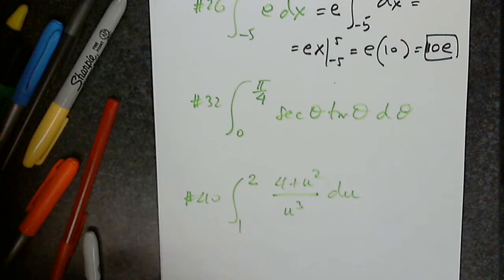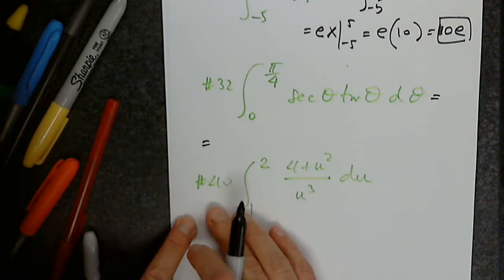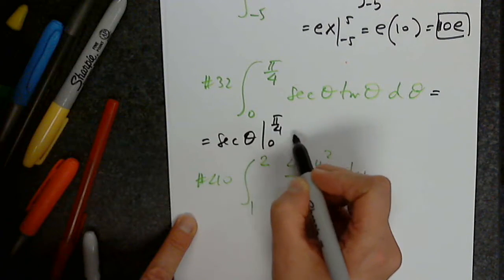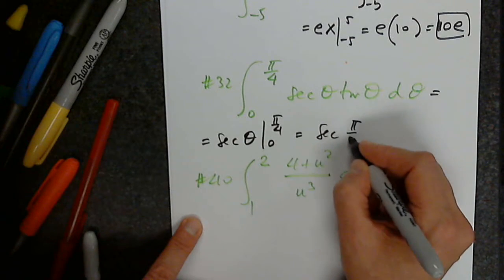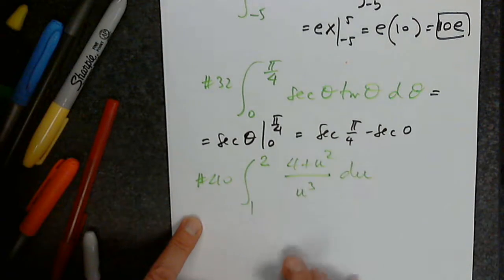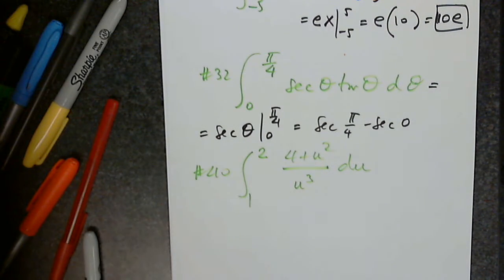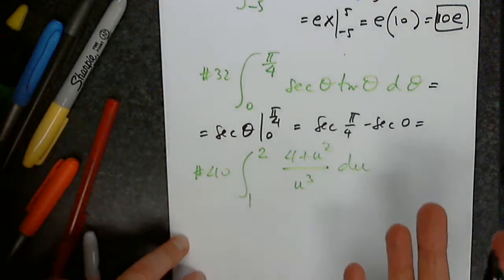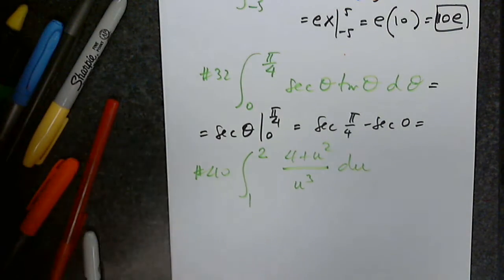Which function prime is secant tangent? From 0 to pi over 4. So this will be secant pi over 4 minus secant 0. Secant, if it starts with S, is 1 over cosine. Very good. So then this is 1 over cosine of pi over 4, which is the same for sine and cosine: the square root of 2 over 2.